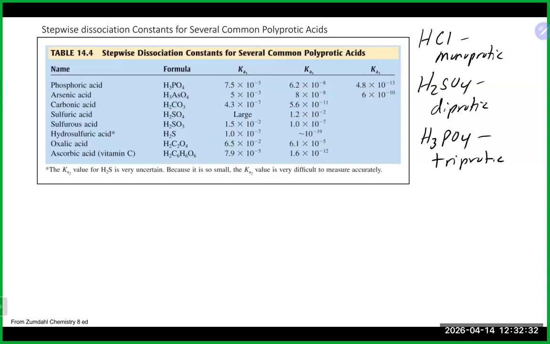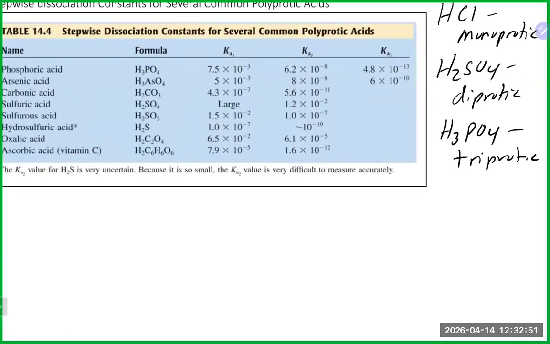As we talked about earlier today and previously as well, each of these hydrogens does not come off all together, especially when you have a diprotic or polyprotic acid. Each hydrogen will come off one at a time, and for every hydrogen that comes off, you will have a K value associated with it.